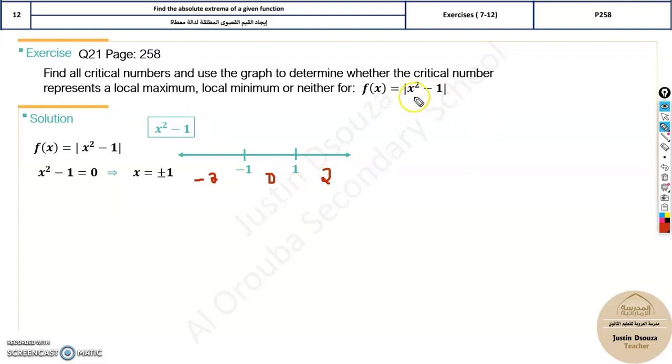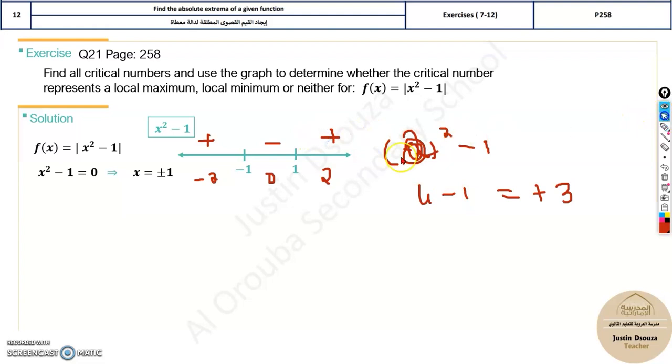Substitute in this function, x squared minus 1. So for -2, the whole square minus 1, this would be 4 minus 1, and we are getting a positive answer, +3. So this is a positive sign. Similarly, try with 0: 0 squared minus 1 will be negative. And again you can try with positive 2, it will be 4 minus 1, again positive. So what happens? We are getting positive, negative, positive.